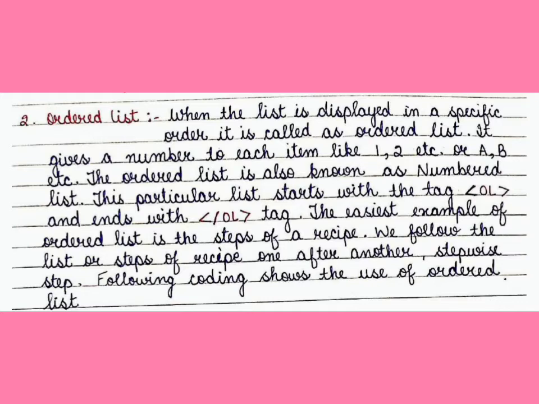When the list is displayed in a specific order, it is called an ordered list. It gives a number to each item like 1, 2, etc. or A, B, etc. The ordered list is also known as a numbered list.